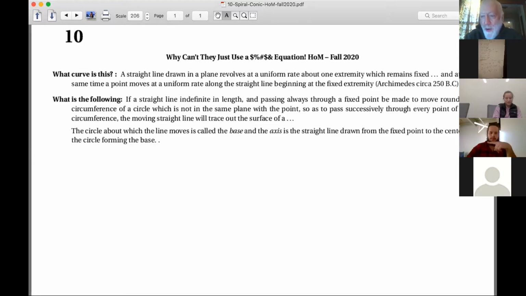He's describing a cone, and it takes a while to get there, and you really have to make a leap of imagination and maybe spend some time on your own, where someone's not, at the end of class, telling you to do something. But he's describing a cone, and notice that straight line.